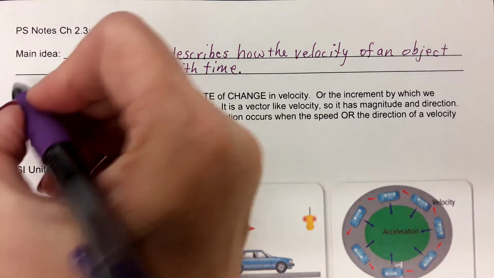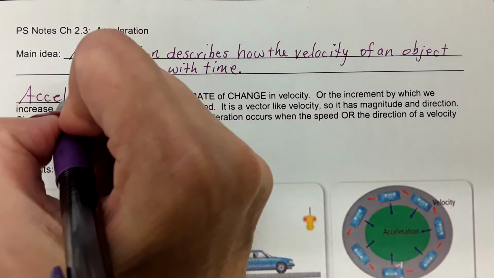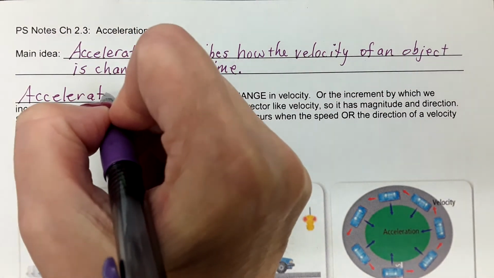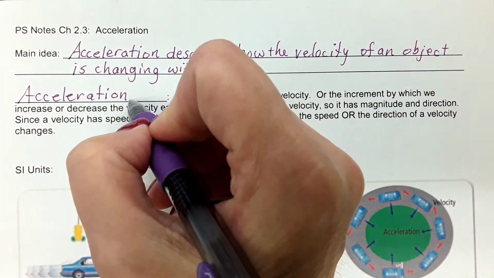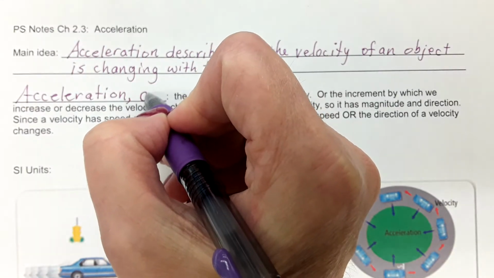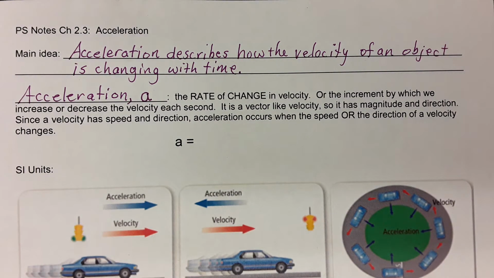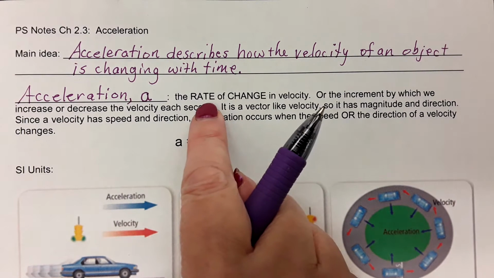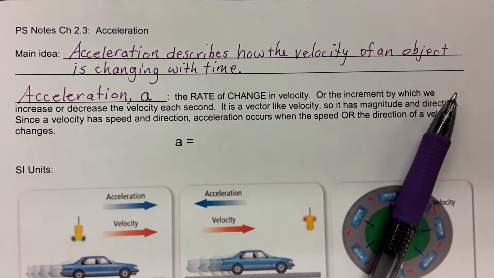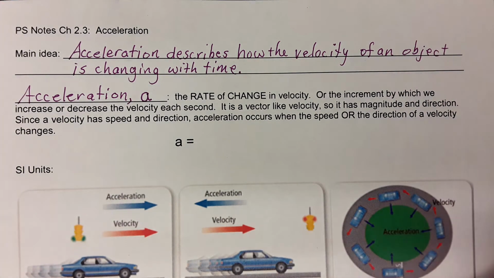Okay, so acceleration. Let's make sure we understand what it is. Acceleration is designated with the lowercase letter a for acceleration, and it is a rate. And guys, we have talked about the term rate before.